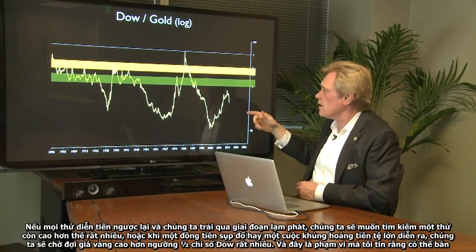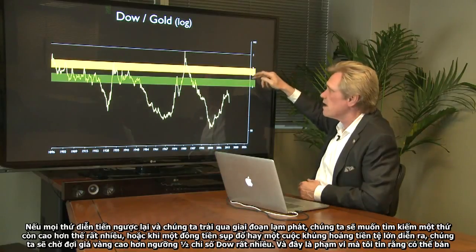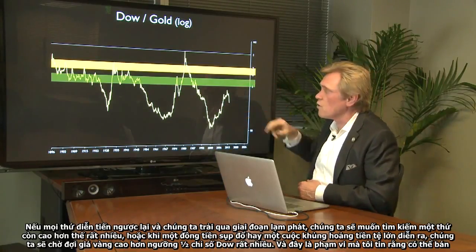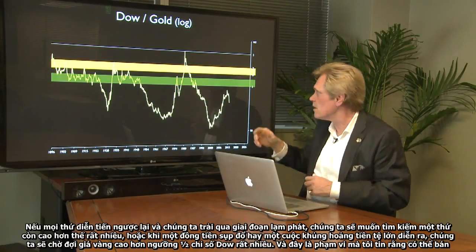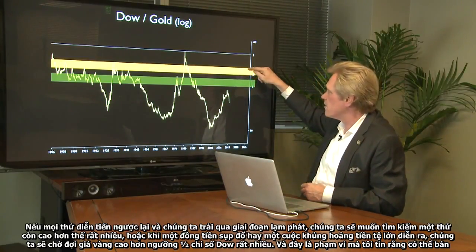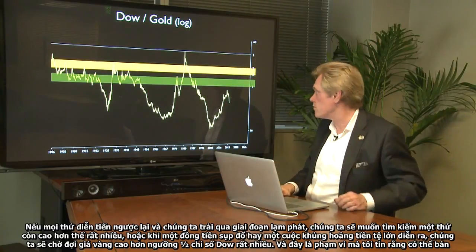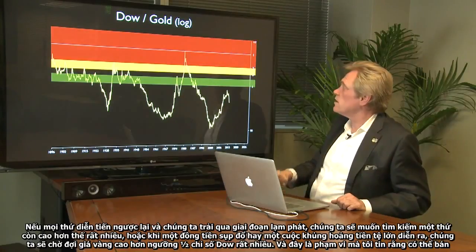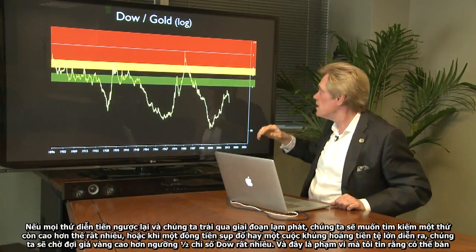If this turns around and goes into an inflationary scenario, we're looking at something very much higher than that. Or if we go into a currency failure or a major currency crisis, we're looking at something very much higher than where gold's value is half of the points of the Dow. So this is the range to sell in, I believe.